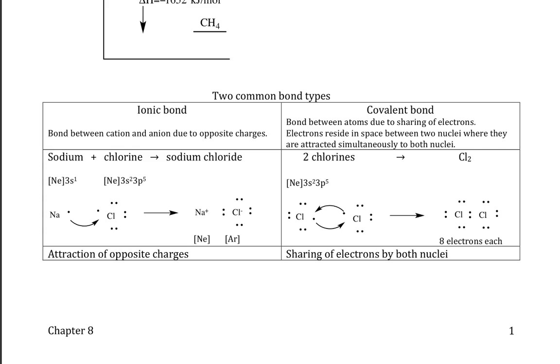And so we see what that would look like. Now, if the chlorine on the left and the chlorine on the right can get a little bit closer such that they each have access to those two electrons from the chlorine atoms, they can form a chlorine molecule. They can form a covalent bond.